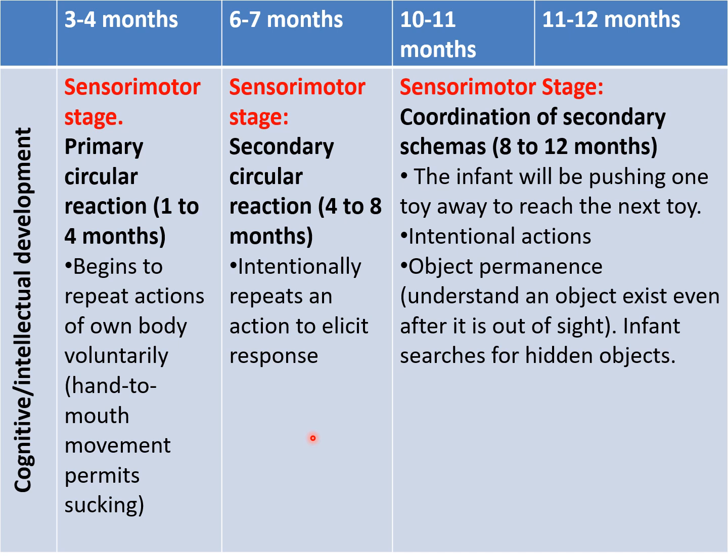Intentional actions you can see, and they will have object permanence. They understand an object exists even when it is out of sight. In a small child of 3 to 4 months, even if you hide the thing, the child will not search for it. But at 8 to 12 months when you hide it, the child will search for the hidden object.